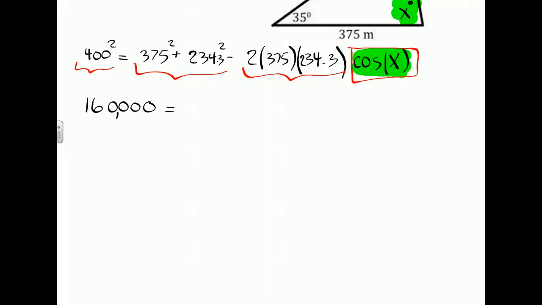Hold on, 195,474.6. Okay, we'll just do 0.6. All right, and then minus, what is 2 times 375 times 234.3? Negative? Oh, minus.